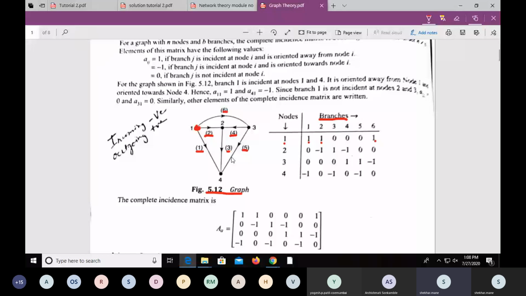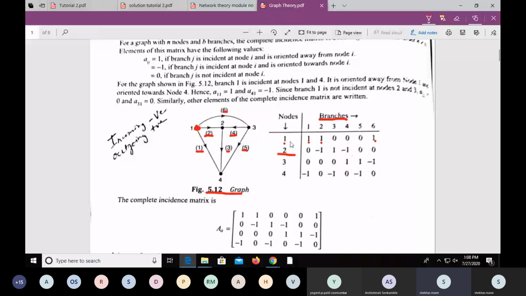That's why I have written 0 there. Now similarly, if you see node 2, branch 2 and branch 4 are incoming and branch 3 is outgoing.